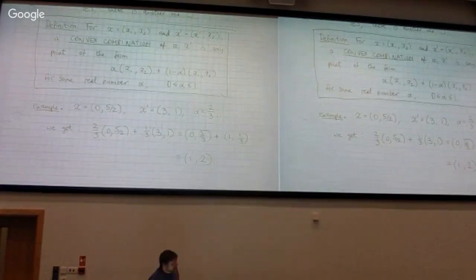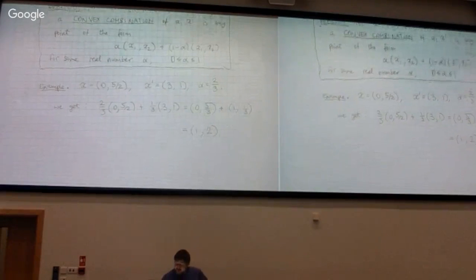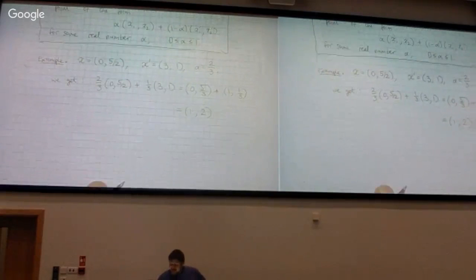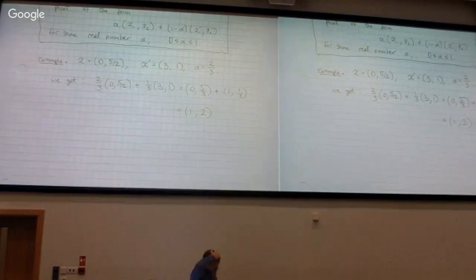Okay, so what does this convex combination, in fact, what does it mean? So have you heard the word convex before? In what context? Convex angles.